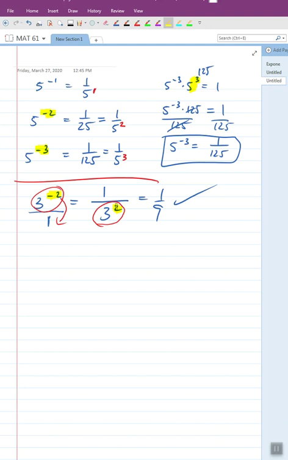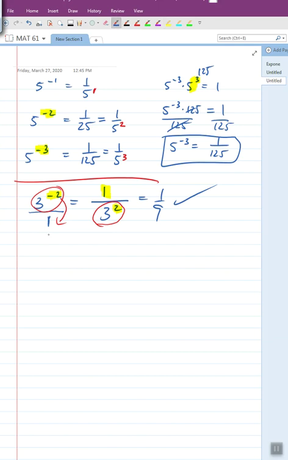So some teachers will say, when you have something raised to a negative exponent in the numerator of that fraction, move that entire factor with that negative exponent to the bottom, and when you move it across the fraction bar, the sign of the exponent switches. Now if you do that, of course, what's left in the top is just 1.